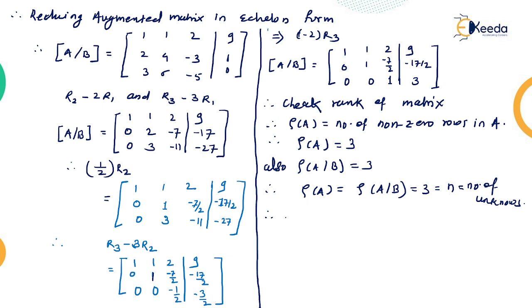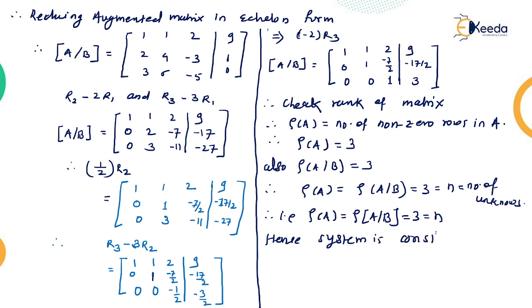It satisfies rank of A equals rank of augmented matrix equals 3, which equals n. Hence the system is consistent, therefore it has a solution.